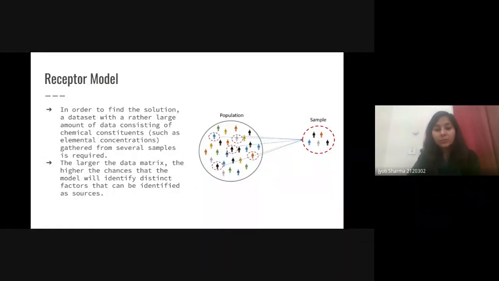In that sample there must be a representation of each gas or each pollutant you want to consider in your study. The larger the data matrix you have, the larger the chance that the model will identify distinct factors that can be identified as a source. So you must have a huge sample data set so that you can have a better estimation of the source.